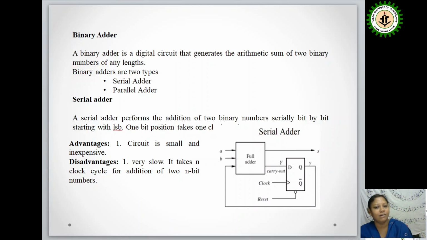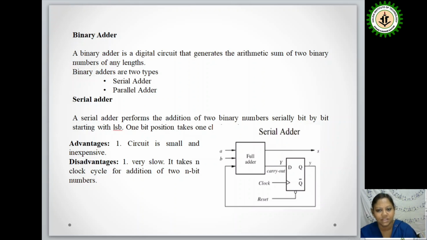First, our system is a binary circuit based on binary values, so here the adder is known as the binary adder. A binary adder is a digital circuit that generates the arithmetic sum of two binary numbers of any length. The arithmetic operations are addition, subtraction, multiplication, division.